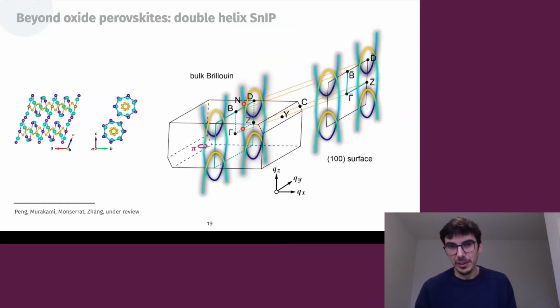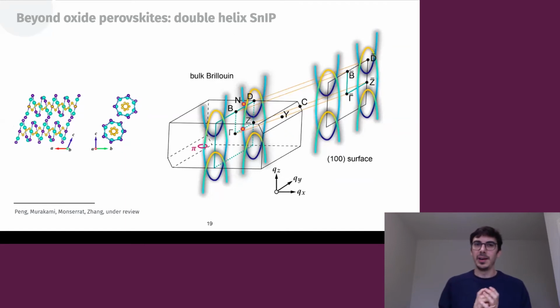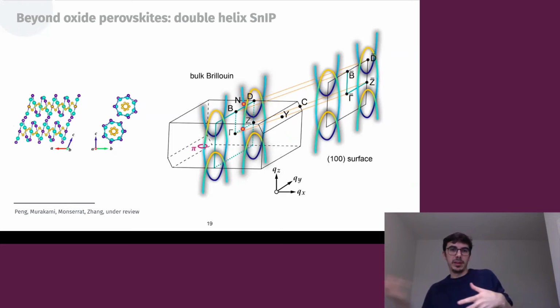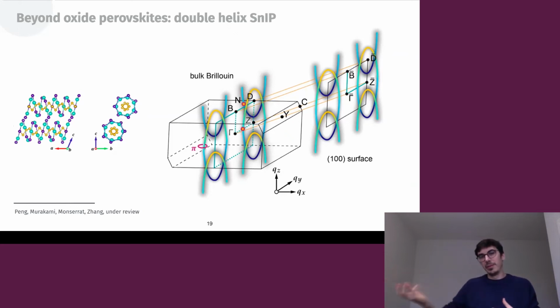And just to convince you a bit more that we think topological phonons are everywhere, this is not just perovskite oxides, but in very many different materials we've been finding them. So this is another example which we think is quite neat, which is from a compound that was synthesized only a few years ago, which is a double helix SnIP. And this compound is a sort of quasi one-dimensional material where you have this chain stacked together in the system. And as such, it has some very interesting thermal conductivity properties, which are very unidirectional.